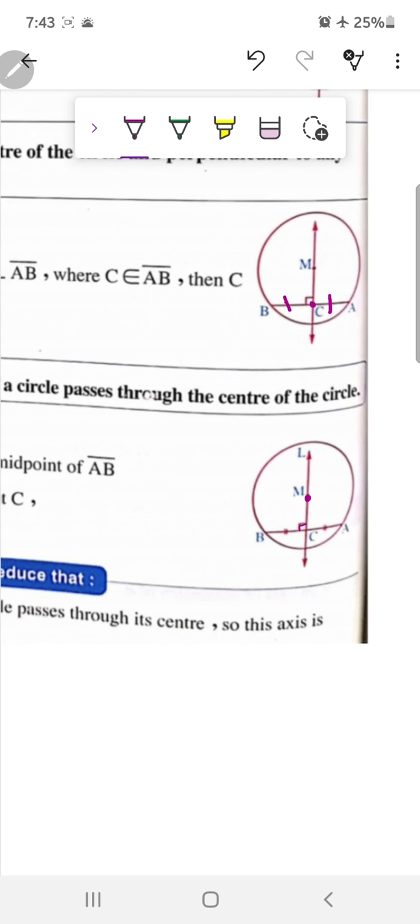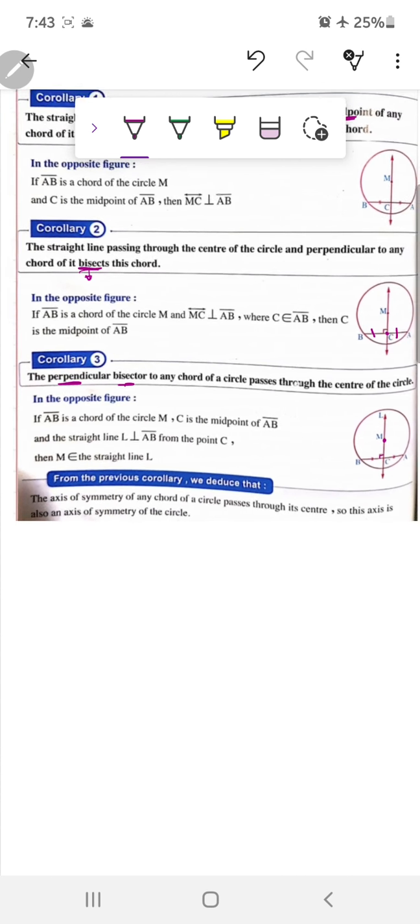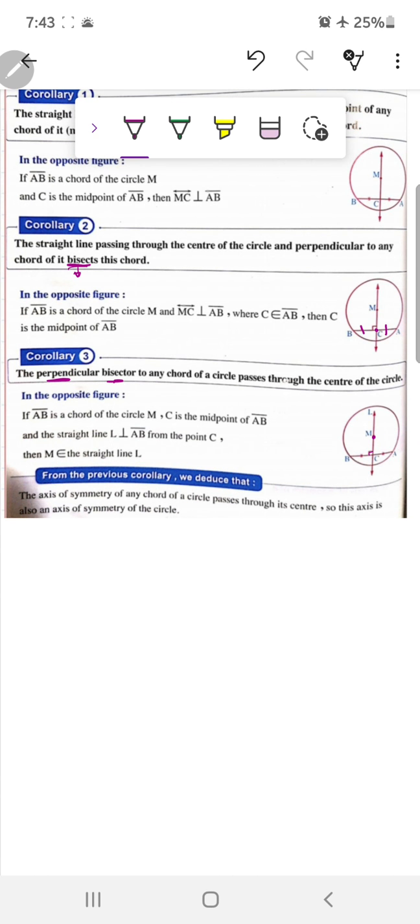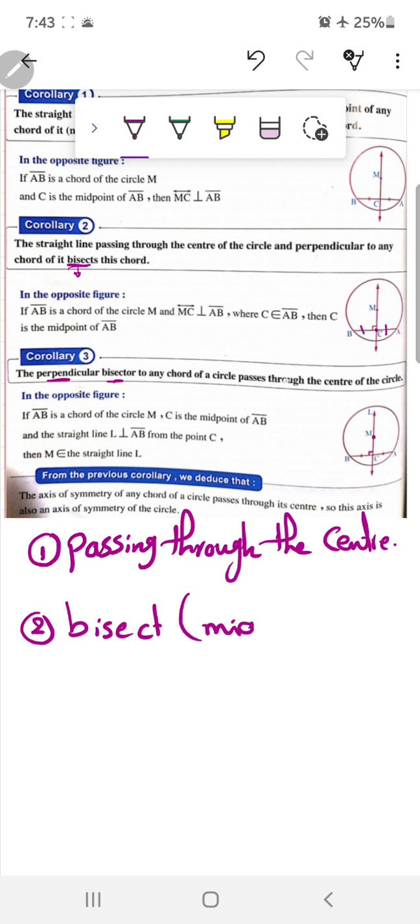So we have here three corollaries. First, passing through the center. Number 2, bisect, or we have the midpoint.